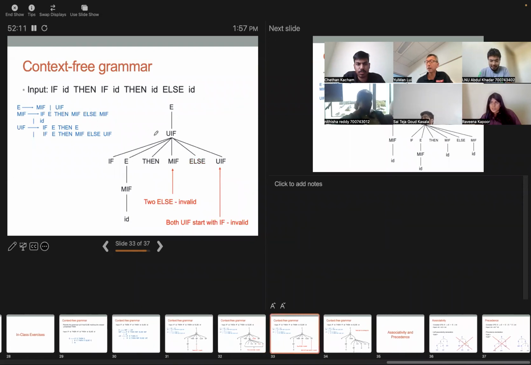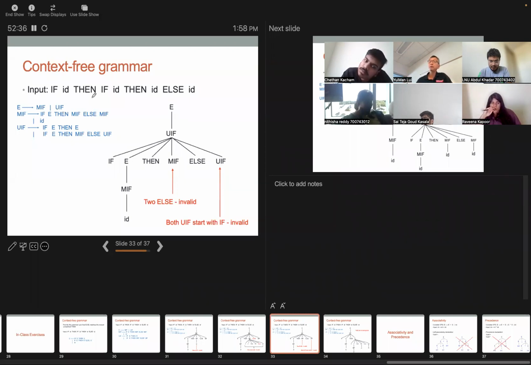So now UIF. Well, we already examined MIF, so now we examine UIF. For UIF, I can choose if ye then ye, or if ye then MIF else UIF, right? So let's say I choose the second option first. If ye then MIF else UIF, okay?